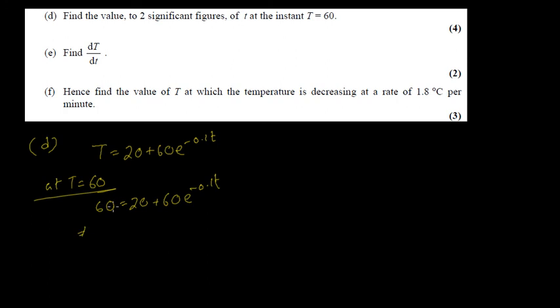So that would be 60 minus 20 is 40. 40 equals 60 e to the power minus 0.1t. So if you send this 60 to the other side, it would be 4 by 6. That means it would be 2 by 3 equals e to the power minus 0.1t. So we can write e to the power minus 0.1t equals 2 by 3.